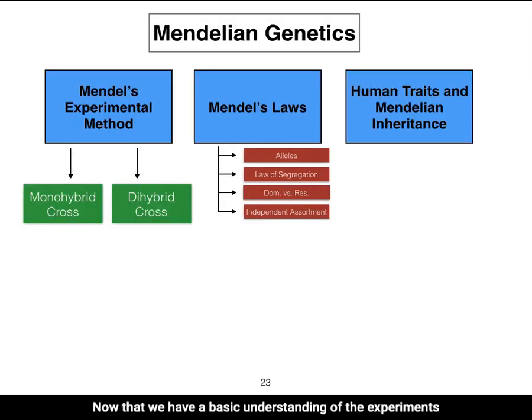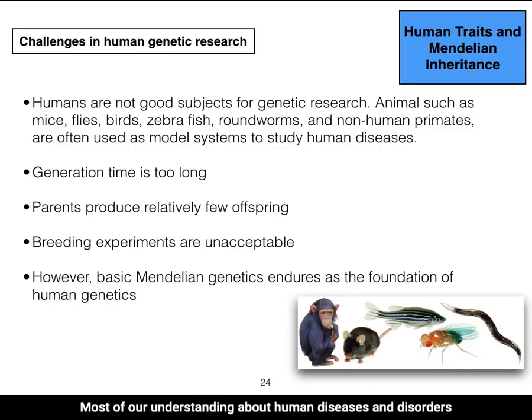Now that we have a basic understanding of the experiments that Mendel conducted and the laws that resulted from the evidence from those experiments, let's look at some of the traits that follow a Mendelian pattern of inheritance. Most of our understanding about human diseases and disorders comes from studies conducted on model organisms, such as rodents, zebrafish, flies, and worms.